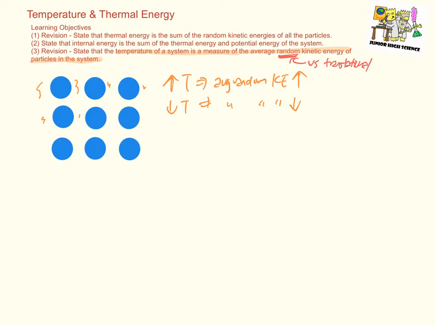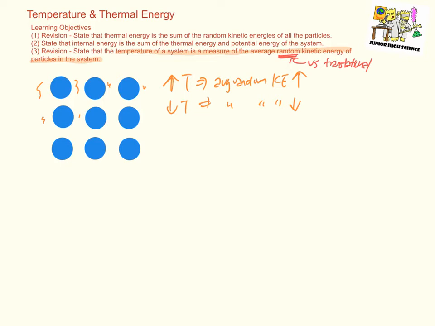For example, you can be holding a bottle of water, and the water molecules are moving randomly. So they possess random kinetic energy, which is linked to the temperature of the water. Now, if you bring this water bottle up onto a plane that is moving very, very fast, the water molecules now possess additional translational KE, because the water molecules as a whole system are moving very fast.